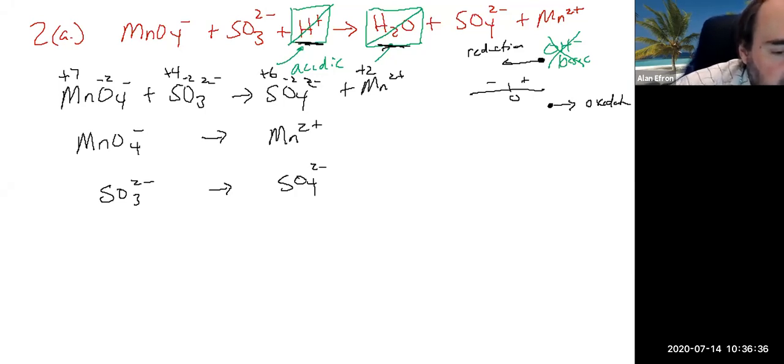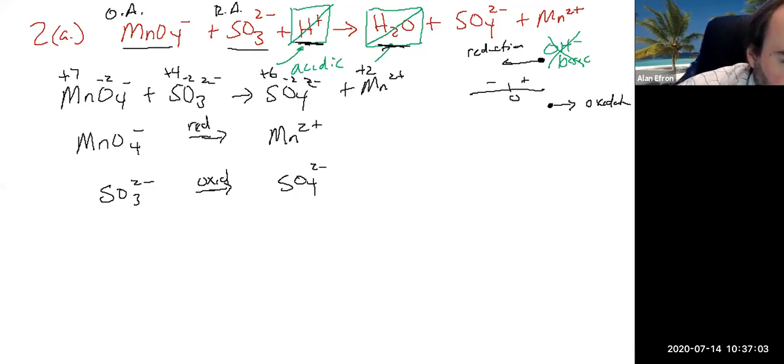We could also see the oxygen, -2 and -2. Nothing happened really with the oxygen. So in this case, this is our reduction half reaction. This is our oxidation half reaction. That also would mean that the MnO4 would be our oxidizing agent, and the SO3 2 minus would be our reducing agent in this particular case.